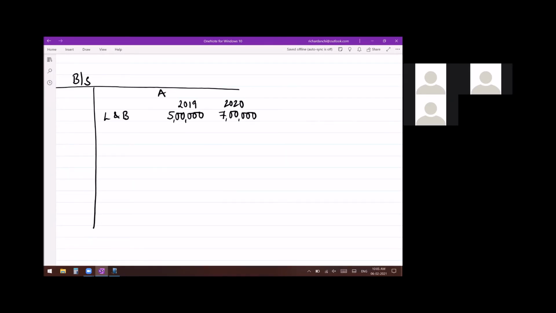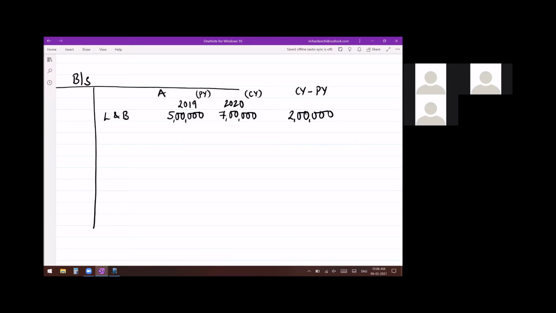Whatever is the current year, that is 2020, 7 lakhs, minus whatever was there last year, 2019. The addition is 2 lakhs. Current year figure minus previous year figure gives 2 lakh rupees as the increase in asset, the increase in land and building. This was in terms of amount.